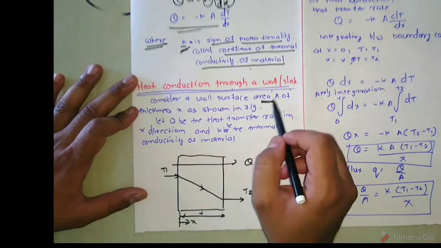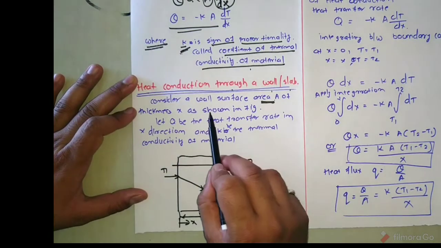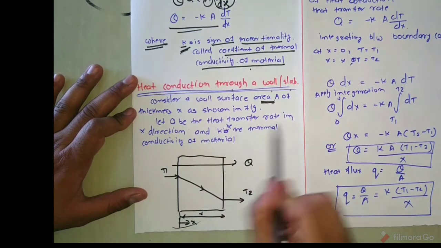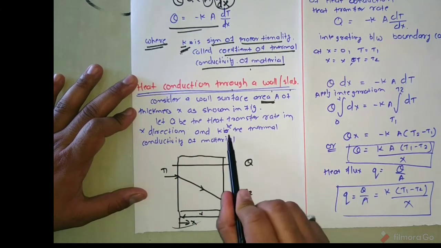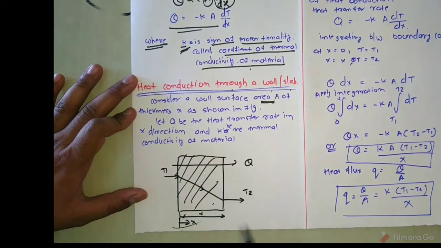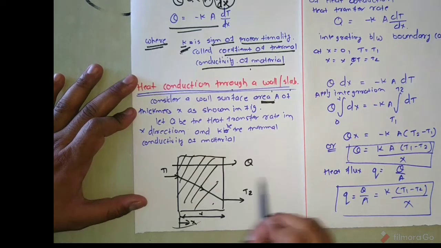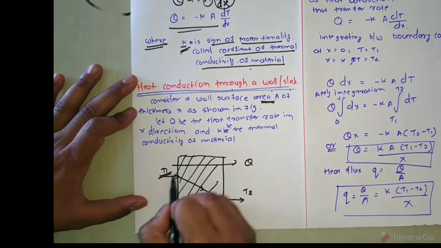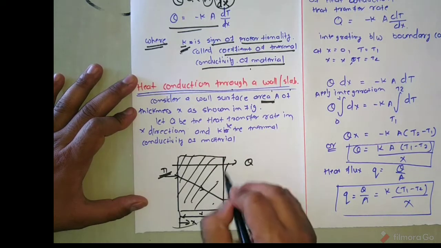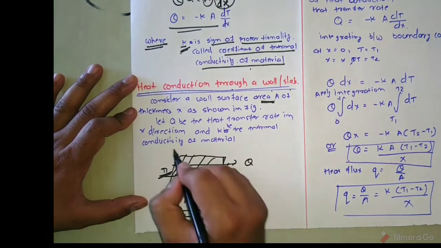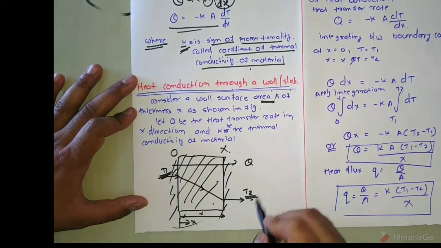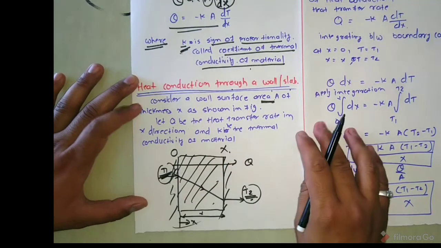The wall surface area is A, of thickness x, as shown in the figure. Let Q be the heat transfer rate in the x direction, and K is the thermal conductivity of this material. T1 is the initial temperature for this face and T2 is the final temperature for this face. So at 0 the temperature is T1 and at x the temperature is T2.